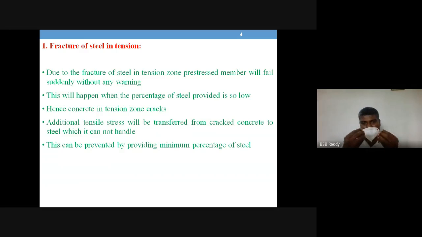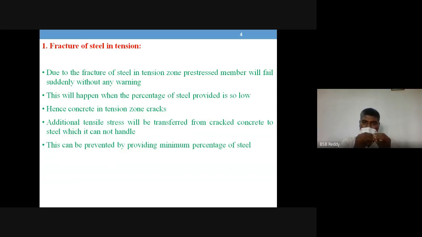So the weight of a particular member is dead load, and live loads are the weights of mobile things, whatever occupies the space that you created, maybe furniture, maybe people.